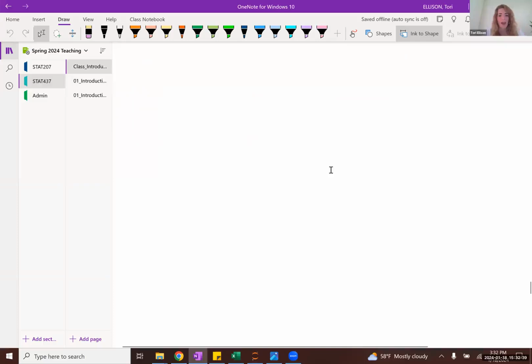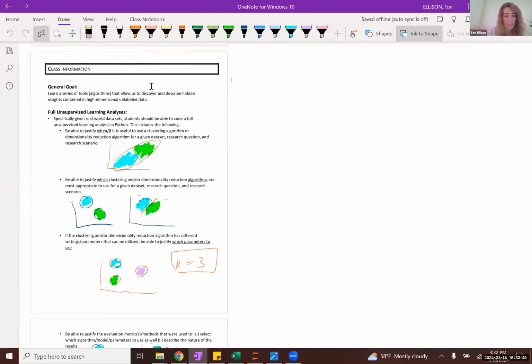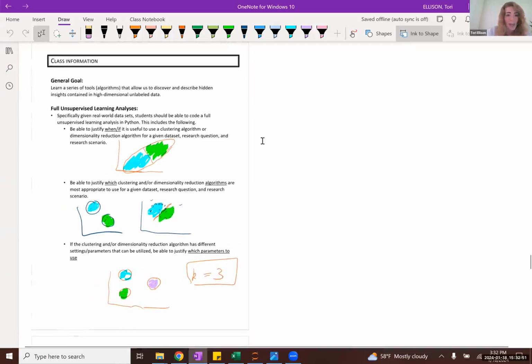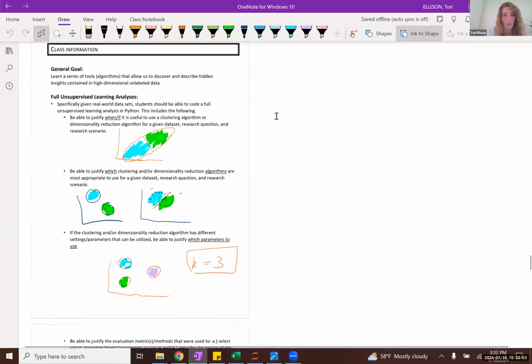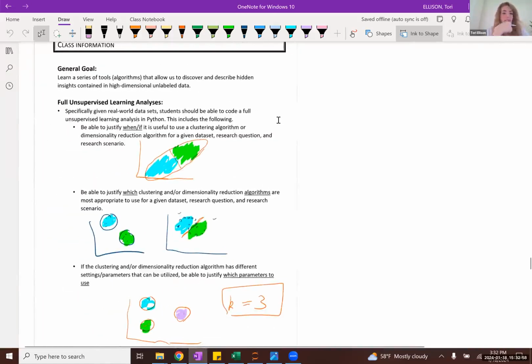Okay. So a couple things I wanted to wrap up with, where again, I'm basically just outlining the course goals of what we hope to accomplish by the end of the course. The final product, if you will, for this course is basically enabling you to conduct a full unsupervised learning analysis from the beginning of the data science pipeline to the end of the data science pipeline.